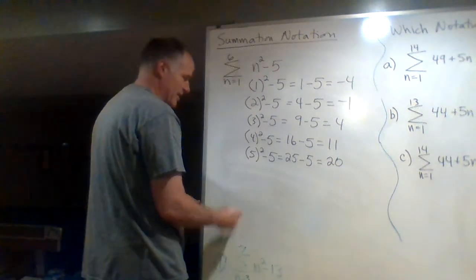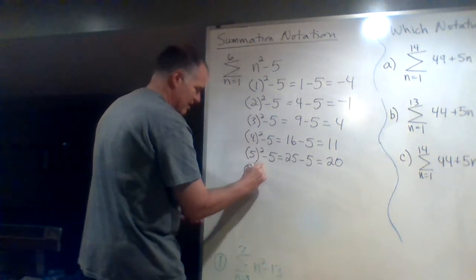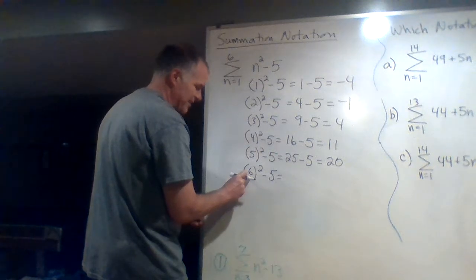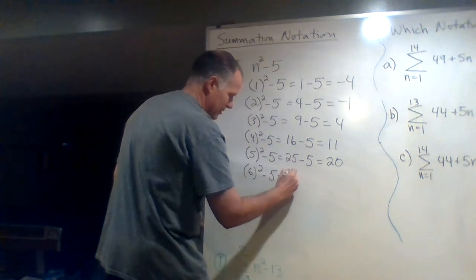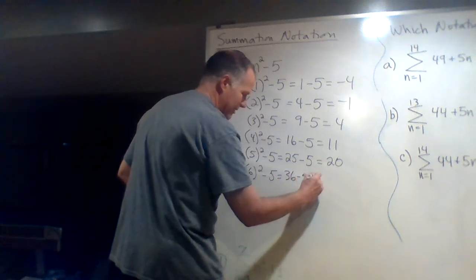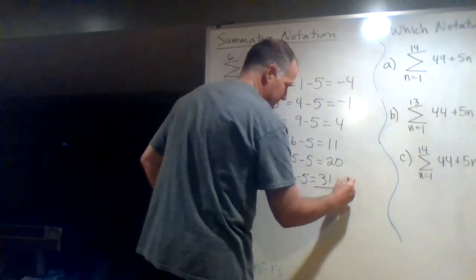25 minus 5 is 20. And again, we're going from 1 to 6, so my last number is 6. 6 squared, 6 times 6, which is 36. 36 minus 5 is 31. And then remember, we're going to sum these up.